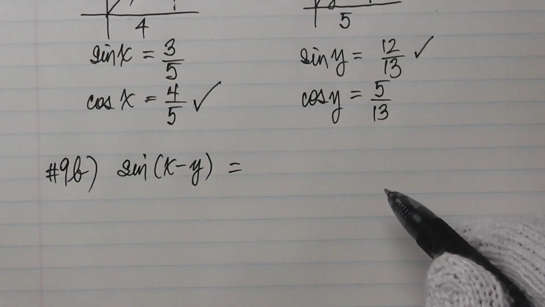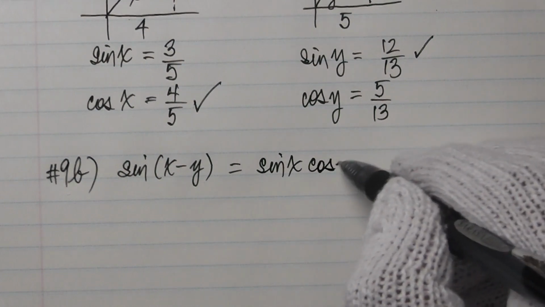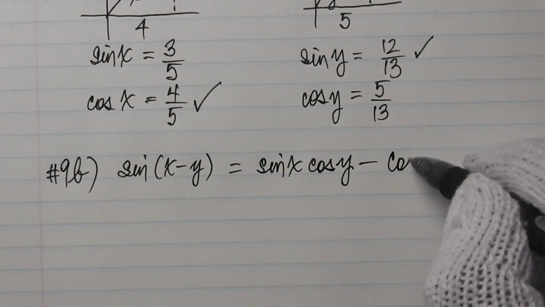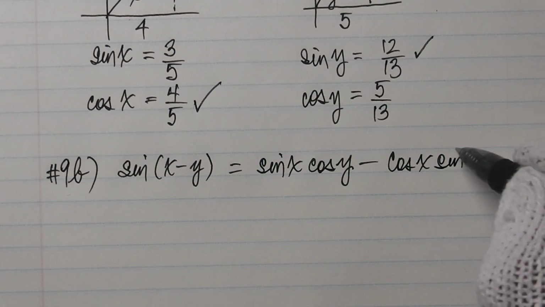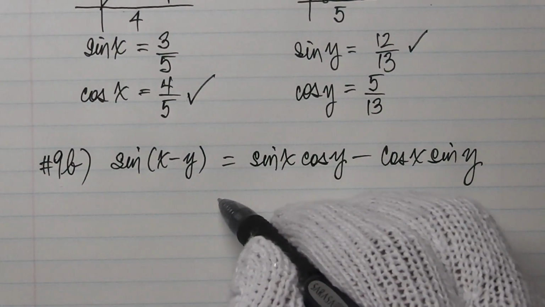According to our compound formula, that would be sine x cosine y minus cosine x sine y. And now you plug in the exact values there.